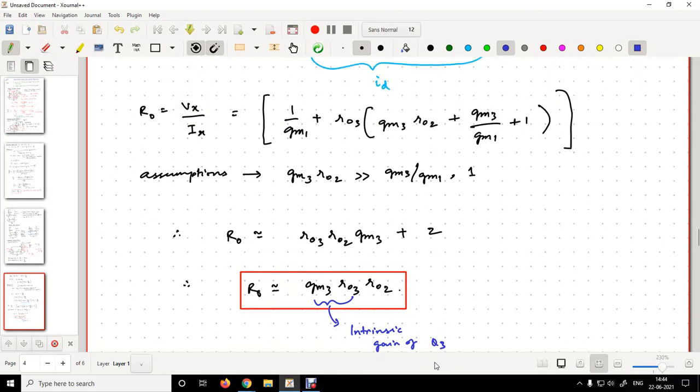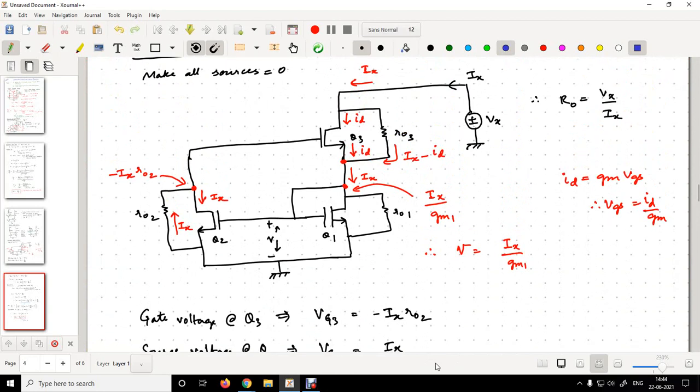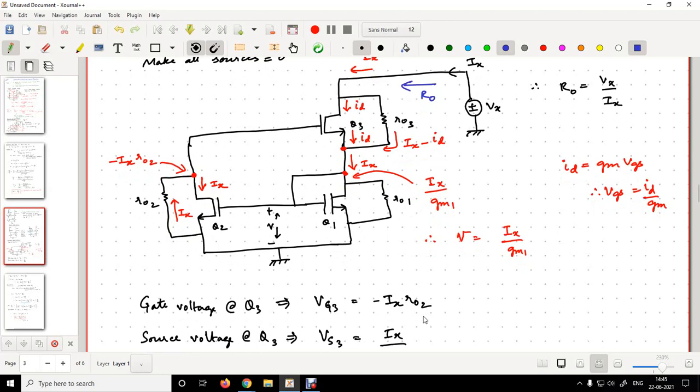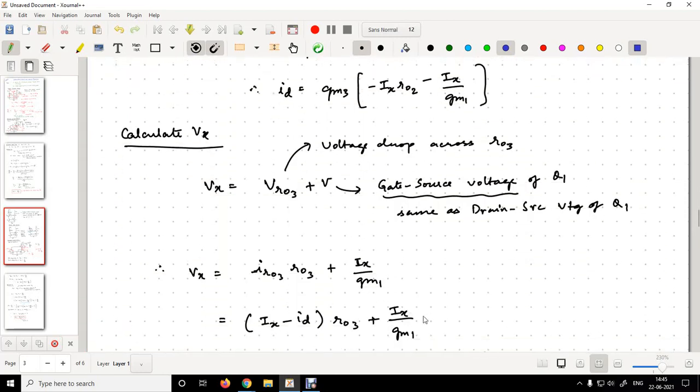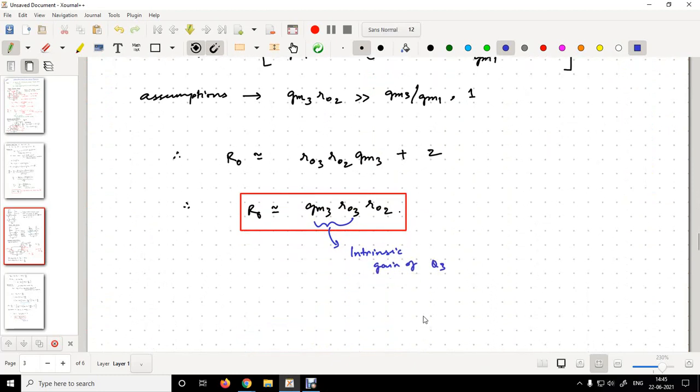So if you look at the diagram now, the output impedance which you see in this direction, R naught, will be intrinsic gain times R02, right? I hope it is clear. So this is the R out value which you get for a Wilson MOS mirror.